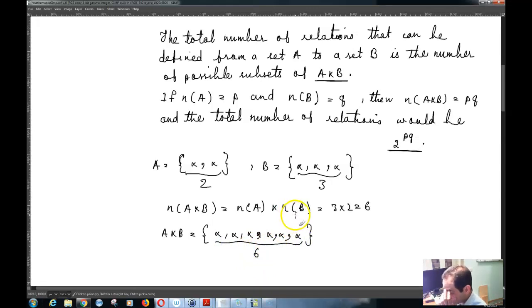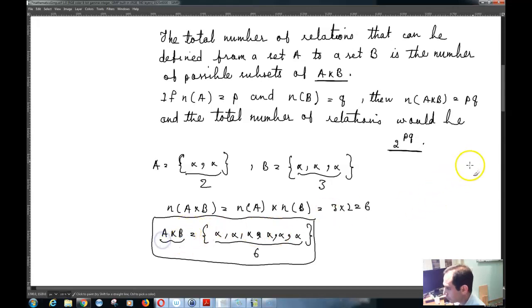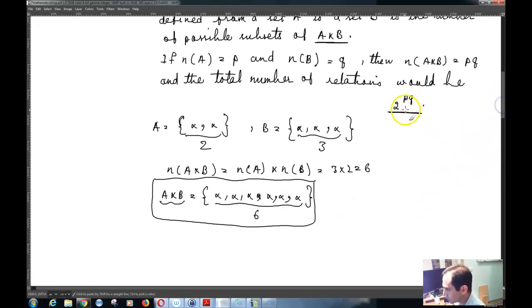Having this A times B with 6 elements, the total number of relations you could define based on it would be 2 raised to the power 6, 2 raised to the power p times q, whatever that is, doesn't really matter.